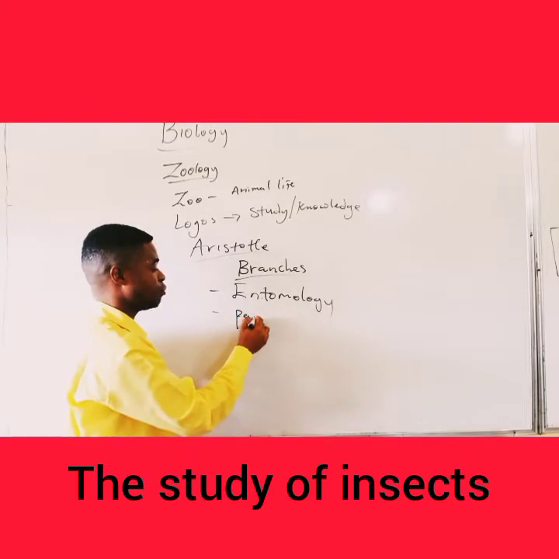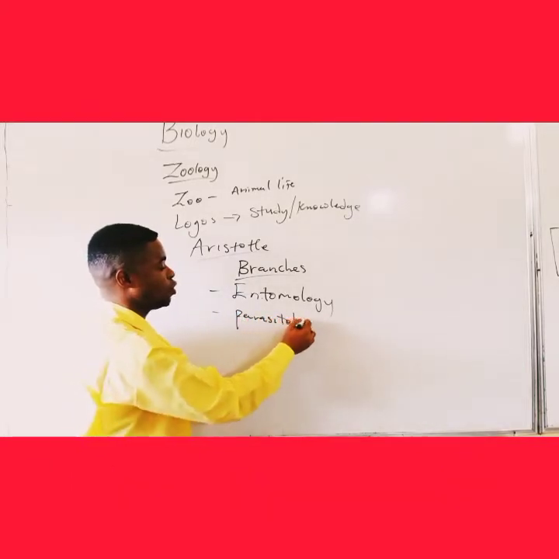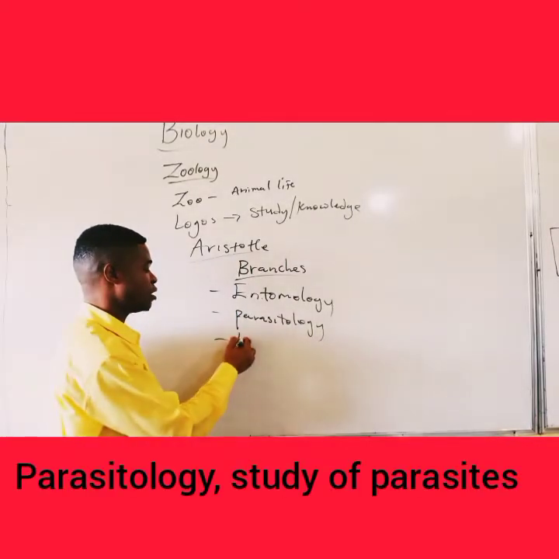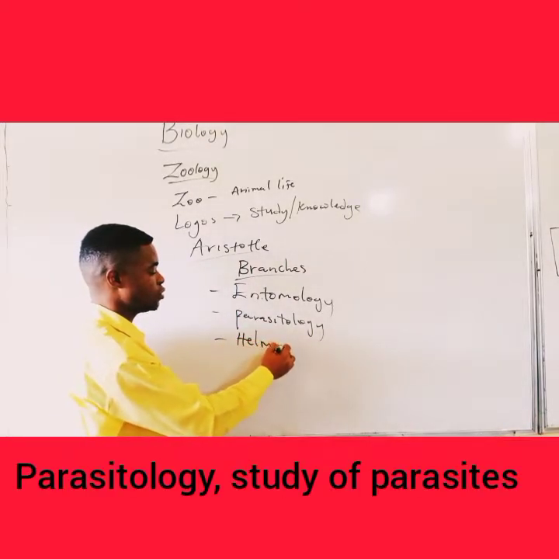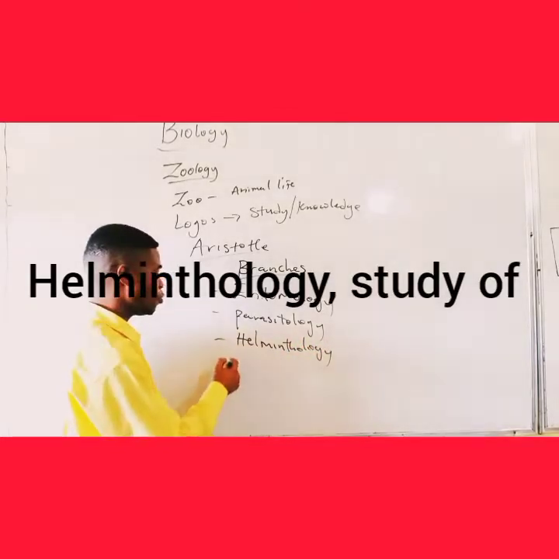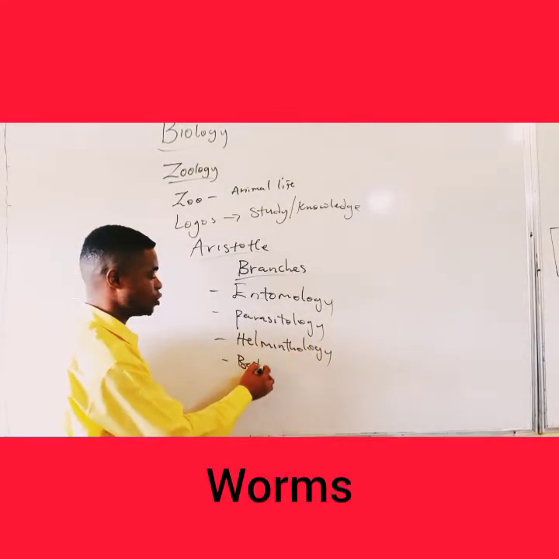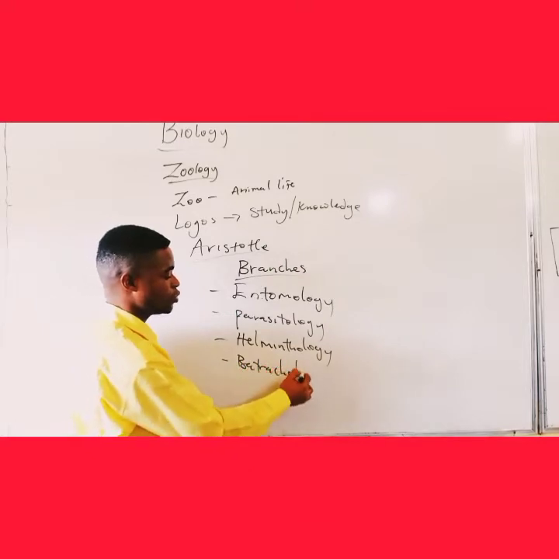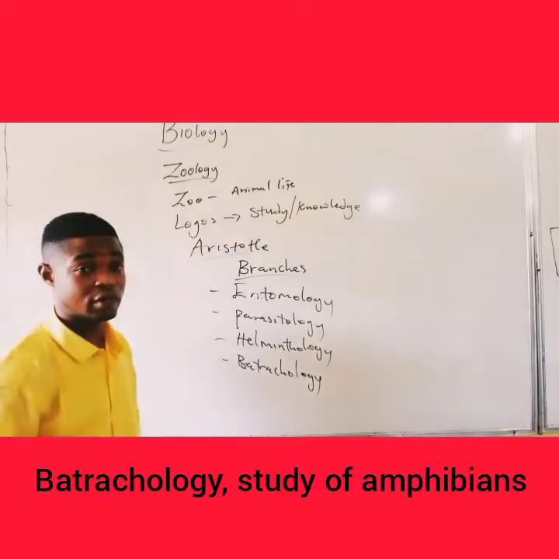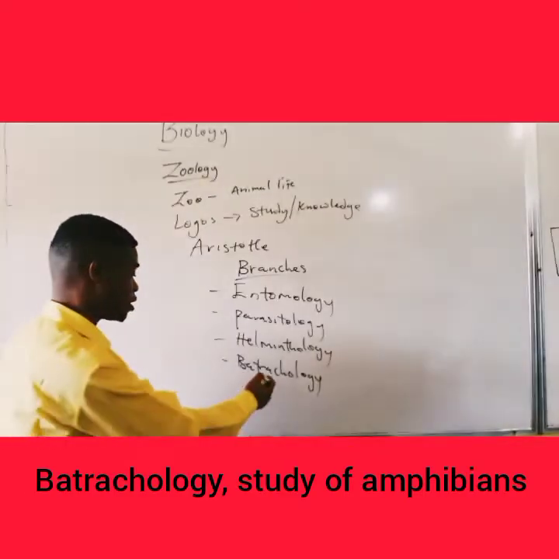We have parasitology, which is the study of parasites. We have hermetology, which is the study of worms. We have batrachology, which is the study of amphibians. The study of amphibians is known as batrachology.